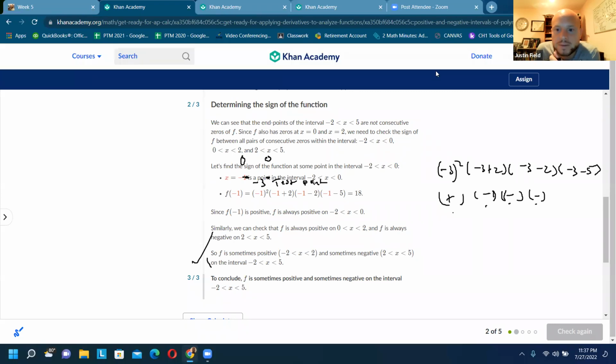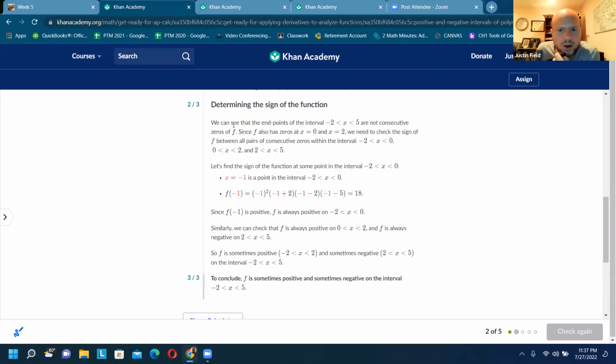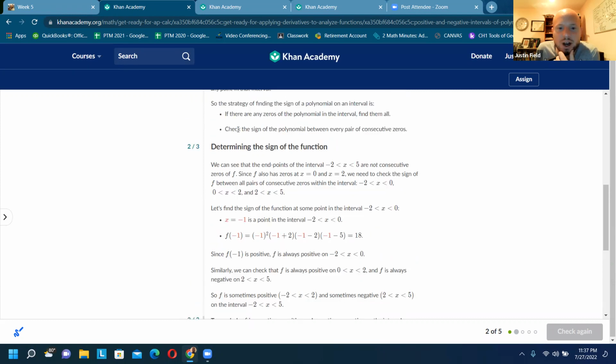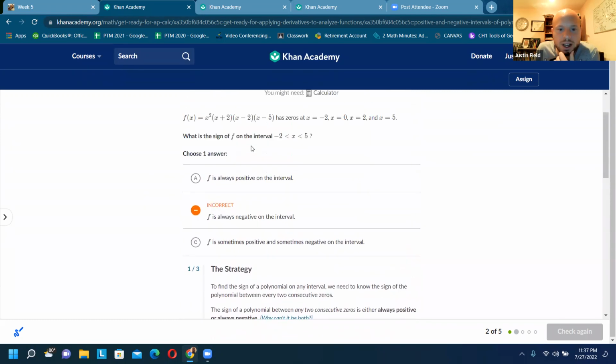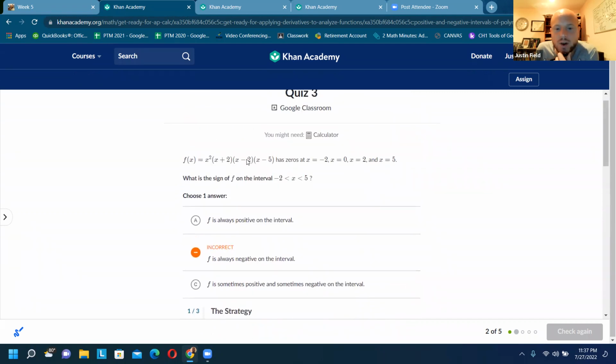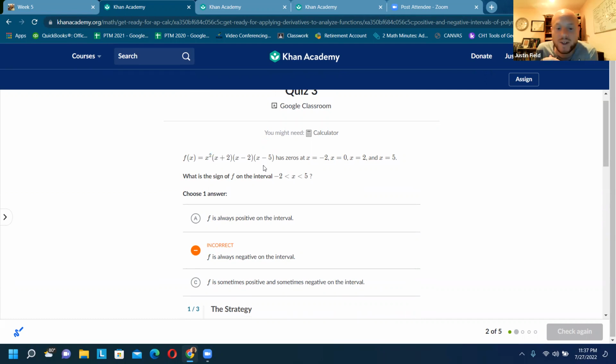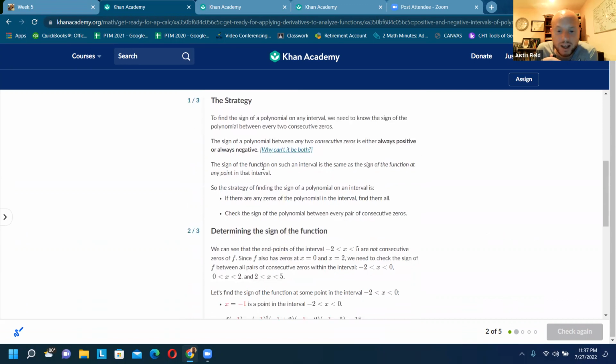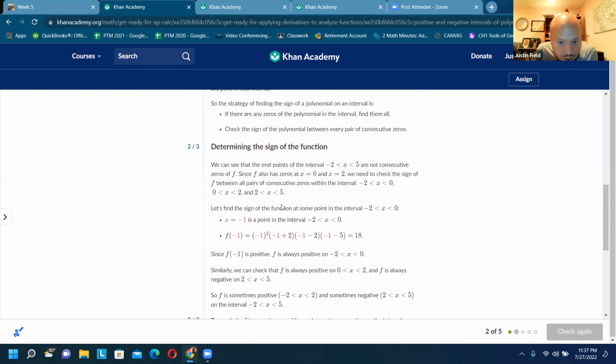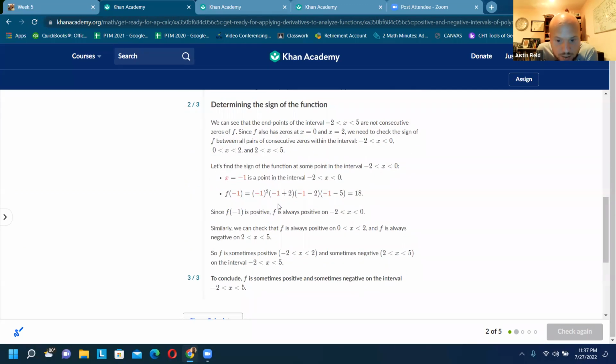Okay. So they're not consecutive zeros. Whoopsie daisies. Okay. So I found it between +2 and +5. And it's saying that was actually -2 and 5. So we had to pick not one, but 2 test points. Is that right?